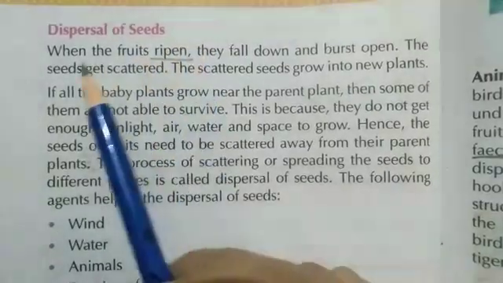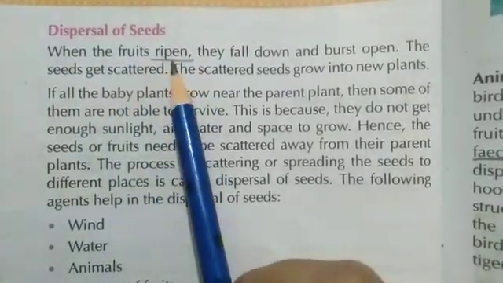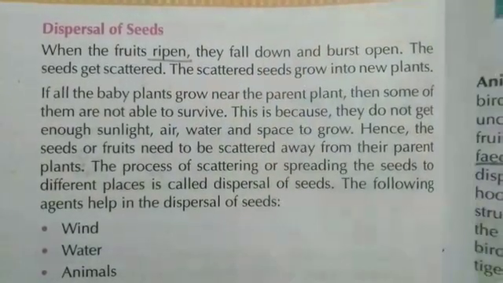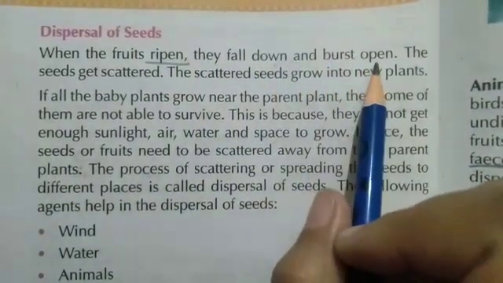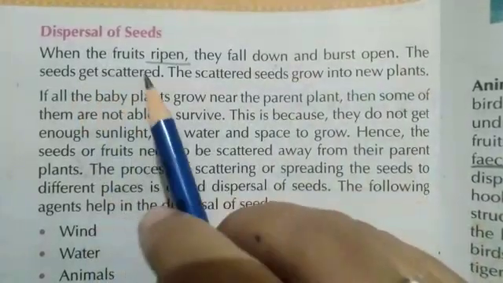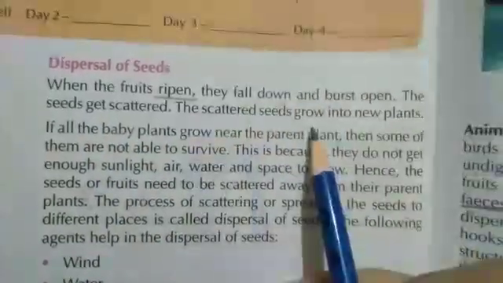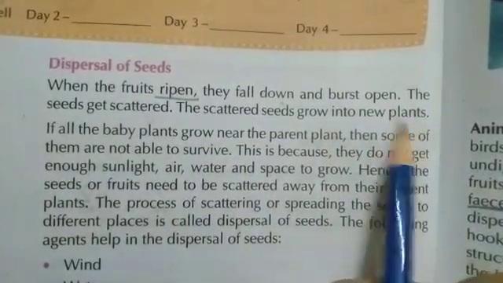Dispersal of seeds. When the fruits ripen, they fall down and burst open. The seeds get scattered. The scattered seeds grow into new plants.